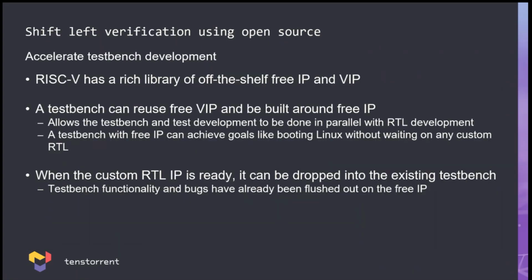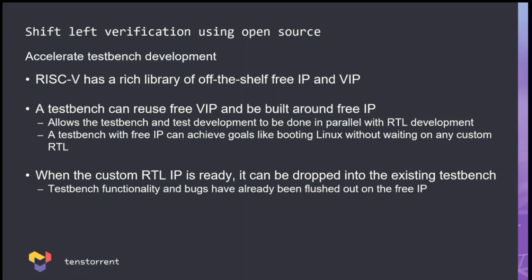So what we want to do is shift left as much as possible by leveraging what's already out there. RISC-V is a rich ecosystem. The Open Hardware Group has a ton of components. So we can reuse VIP and also build around free RTL IP. We don't need to wait for our core to work to start developing a test bench around it, right?